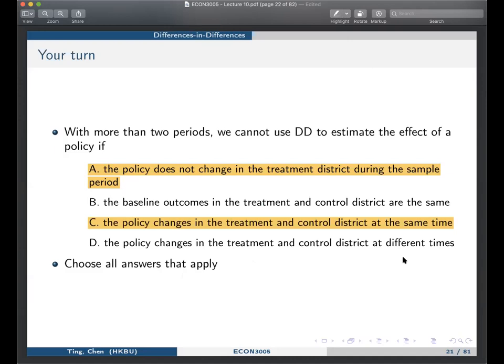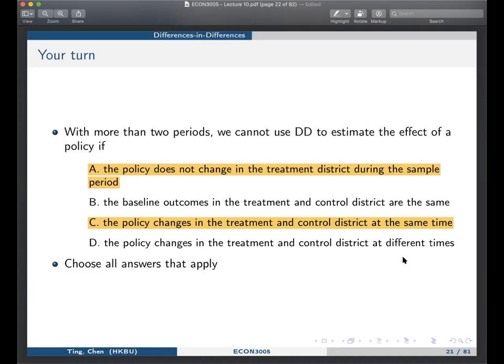D, the policy changes in the treatment and control districts at different times. Then this is exactly the case of the banking crisis, right? So the control group in the St. Louis district later on adopted the active lending policy, meaning that the control group after 1931 actually became the treatment group too.